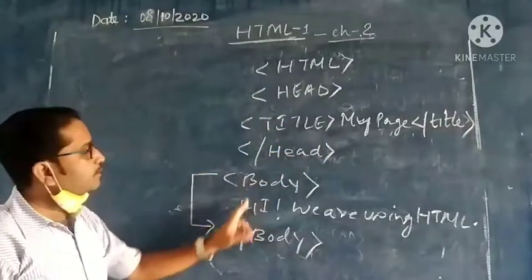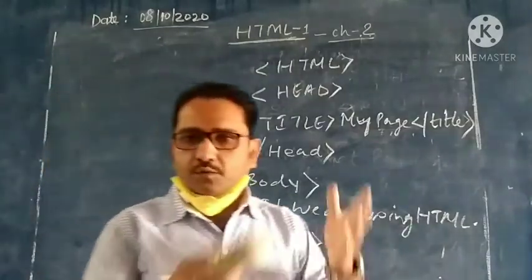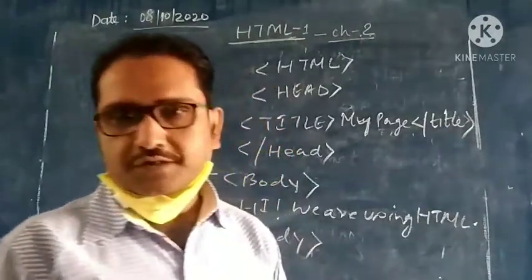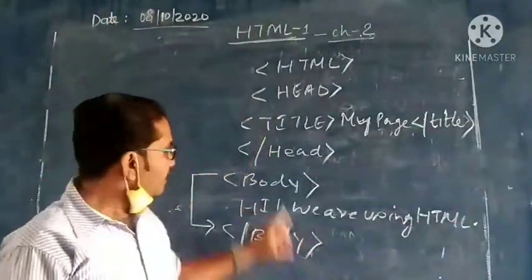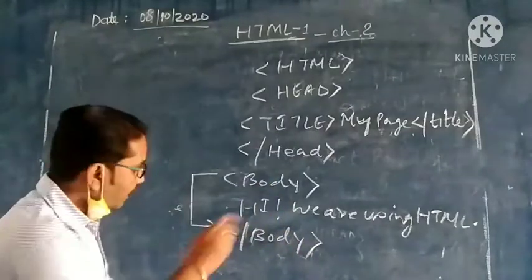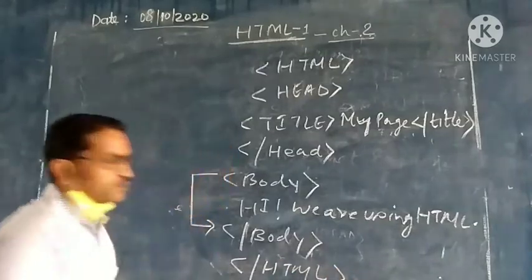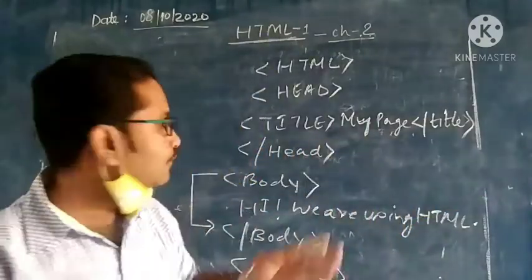After closing of head, body will come, and whatever we have to develop or write in the page, we write it in the body part. The body will be closed, and after body, the last one, HTML, will be closed. So this is how we write the syntax of HTML.